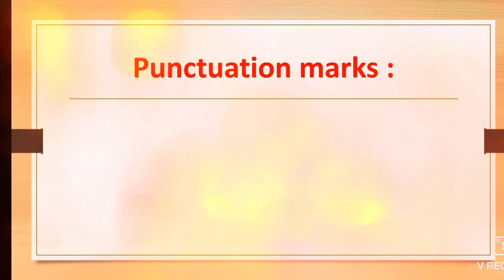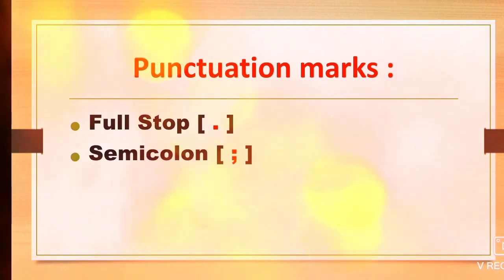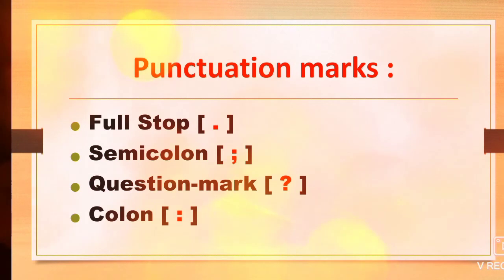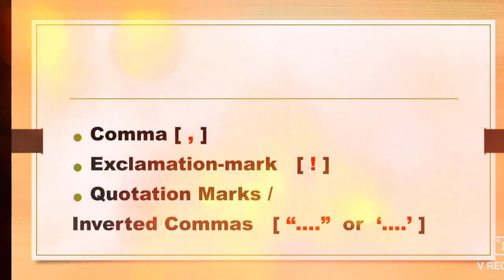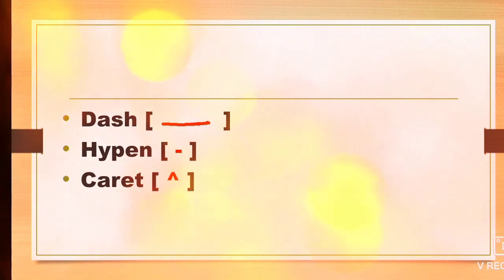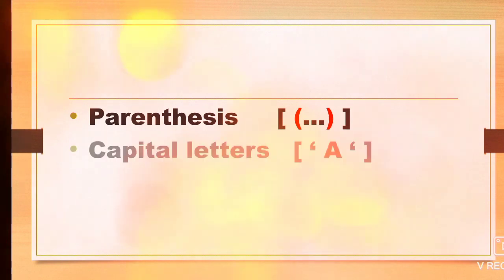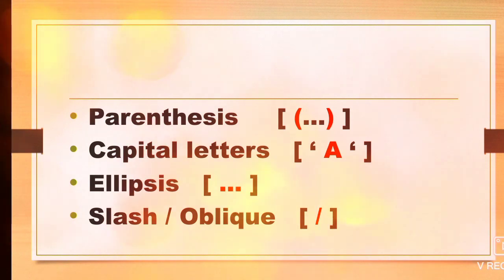So let's start. The punctuation marks are: full stop, semicolon, question mark, colon, comma, exclamation mark, quotation marks or inverted commas, then dash, hyphen, caret, apostrophe, parenthesis, capital letters, ellipsis, slash or oblique.